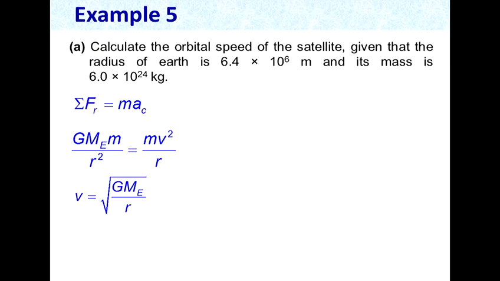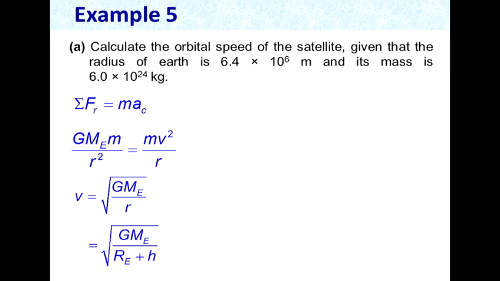So you get an expression for the speed of the satellite. And then be very careful. This small r is the radius of orbit, which is also the distance between Earth and the satellite. So that is given by the radius of Earth plus the height of the satellite above the surface of Earth.